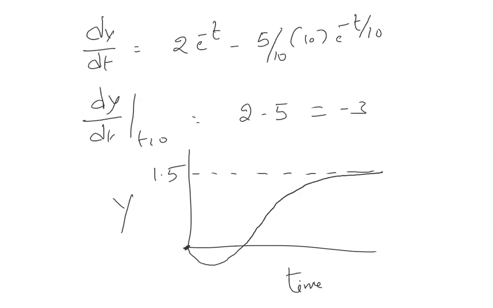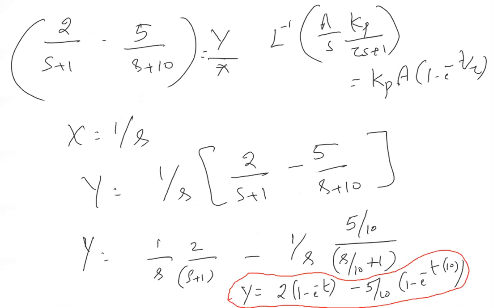It is e raised to minus 10t, but when you differentiate, is it minus 10t? Okay. Then correct here also, sorry. Then 10t, okay, sorry. Here I have written correct.